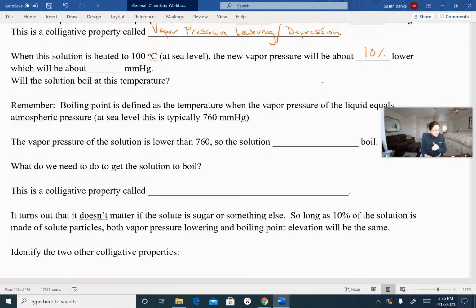But 10% lower, we would expect the vapor pressure to be about 684 millimeters of mercury.